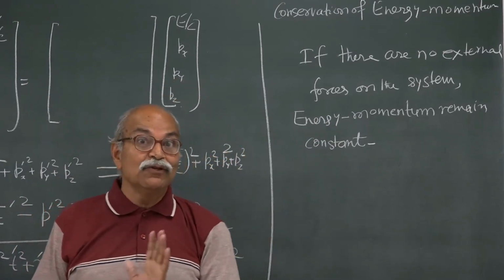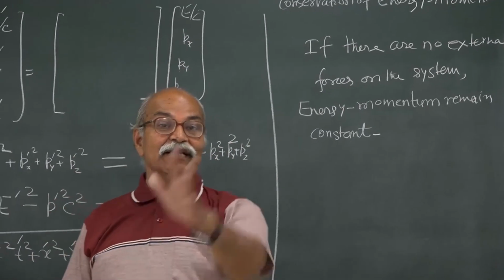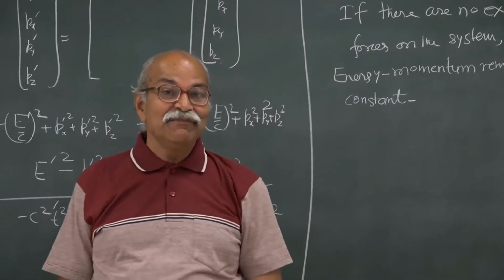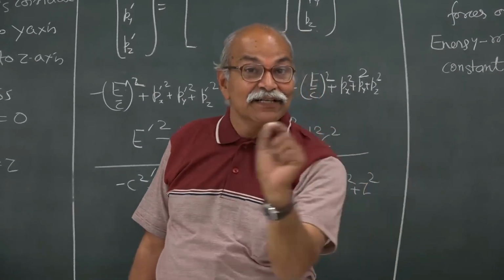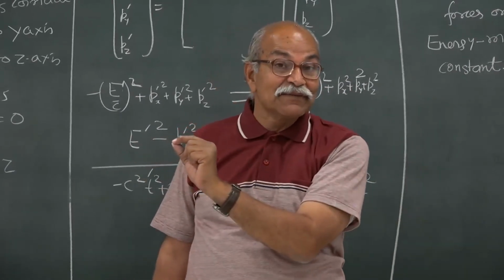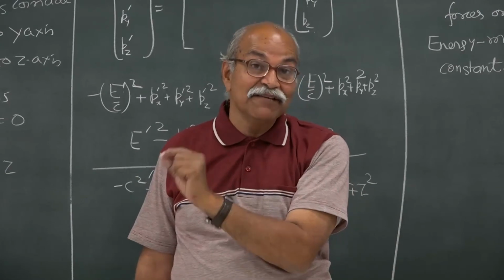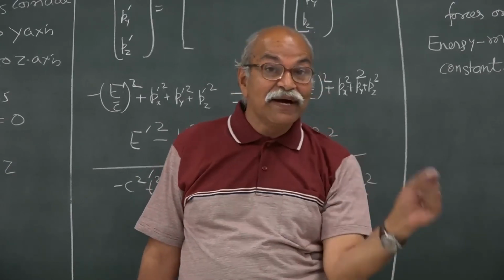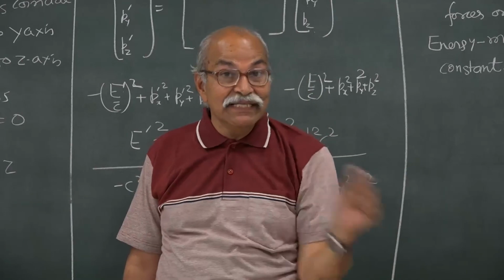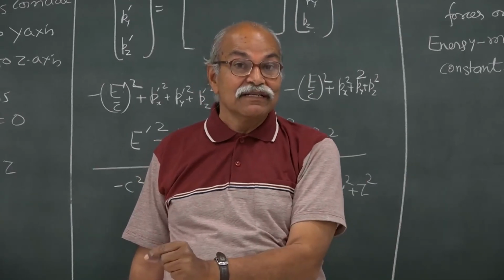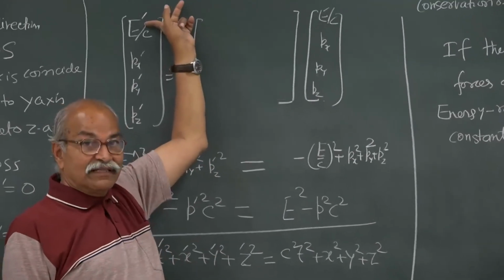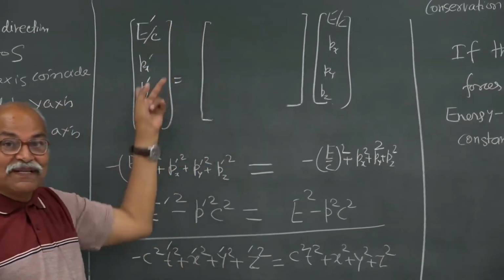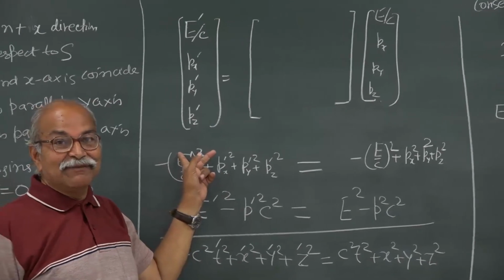In usual Newtonian mechanics, when I say linear momentum is conserved, I mean that px is separately conserved. The x component of the momentum remains constant as a function of time. The y component py remains constant as a function of time. Pz remains constant as a function of time, and also this E remains constant in time. All the four components remain constant in time.